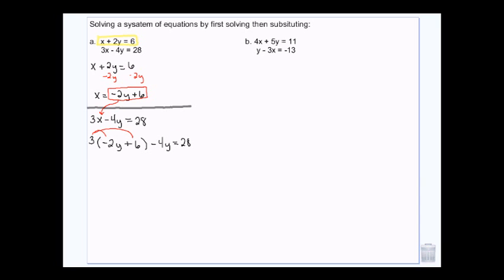Distribute that 3. I'm going to combine my -6y and my -4y. Subtract 6 from both sides.